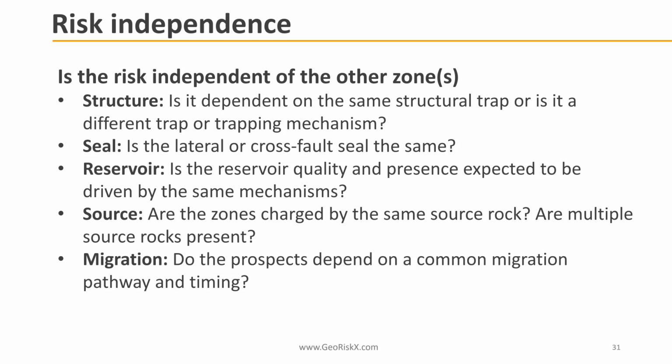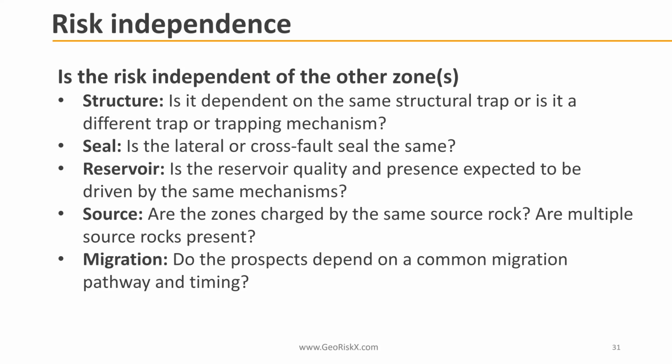So, how do we then account for this? I've seen people go in and do some very complicated statistics, and I've been guilty of this myself in the past, where you look at the probability of failure for source and migration, combine those together, and then multiply that by the probability of success for reservoir, seal, and closure, and we do this at each level.